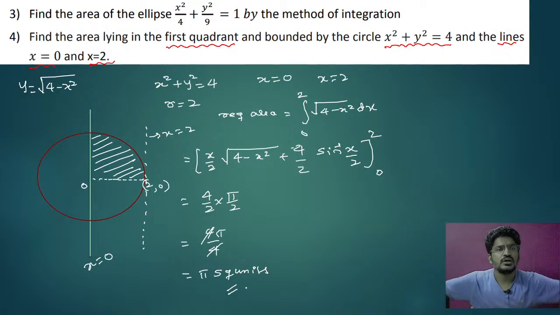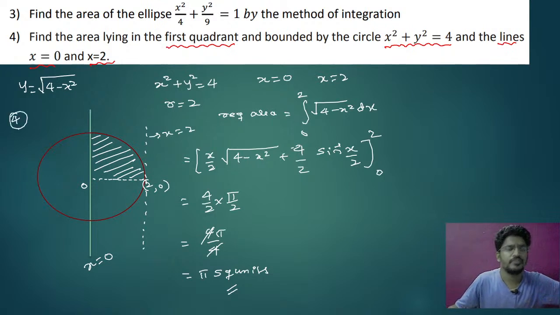So very good. I think everyone has understood this fourth problem. If you have any doubts, you can ask. In the formula, I have directly taken a square, that is nothing but 4 here. I forgot to write the 4 there. No problem, you can cancel 4 and 4. Pi square units will be your answer.